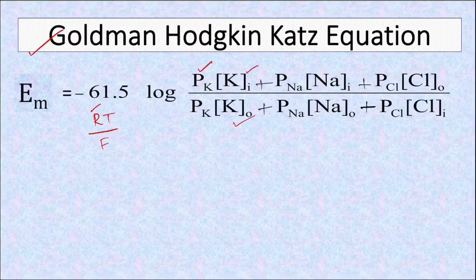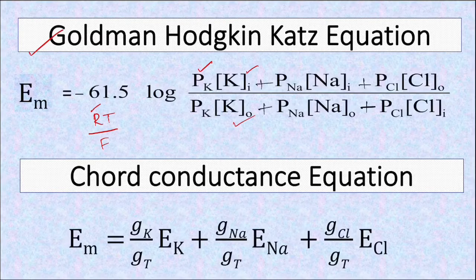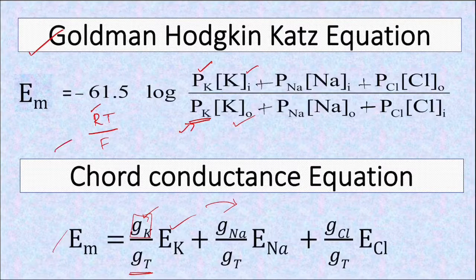And the other equation is the chord conductance equation, which uses a similar property called the conductance of ions, the total conductance, and the Nernst potential of individual ions. Conductance is the movement of charges across the membrane when there is a potential difference, just as permeability is the ability of the ion to move across. So both equations will yield similar results.